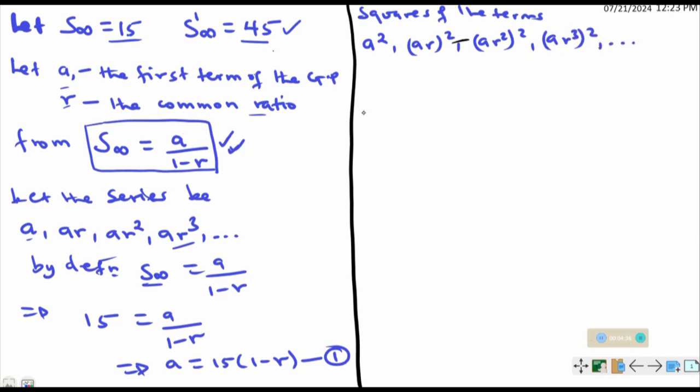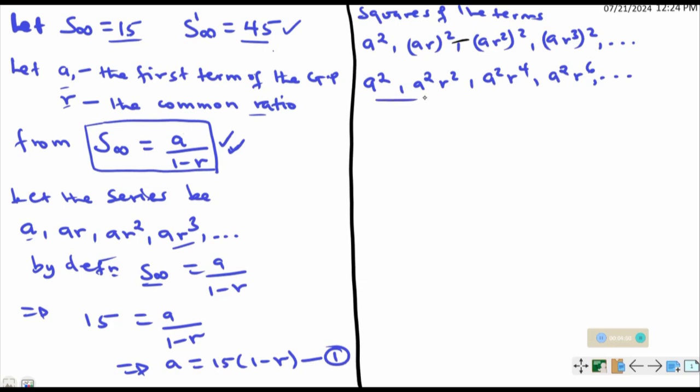So our terms run up to infinity. So the squares of the terms will be a squared r squared, that is a squared r to the power 4, that is a squared r to the power 6, and they continue in that order.